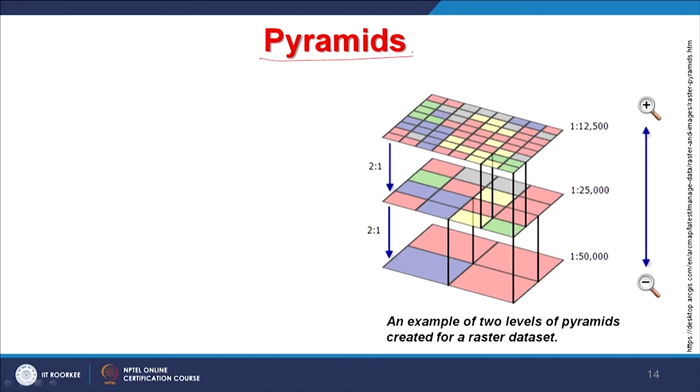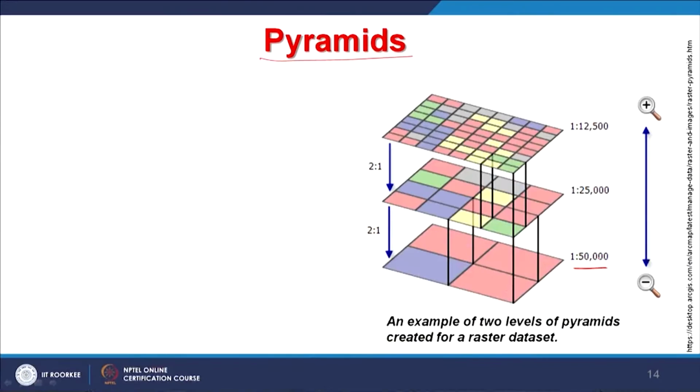In pyramids, what happens basically is, when you display a full size image on a screen, at that time it is being displayed at a low resolution, like maybe just 4 pixels. This is of course a schematic just to explain.